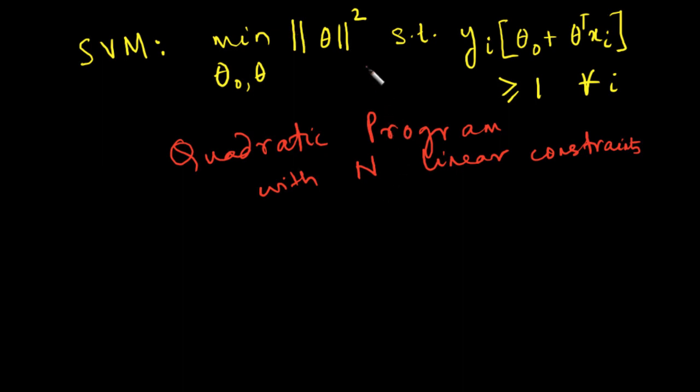Now in order to solve this problem, which is a constrained optimization problem, we use the method of Lagrange multipliers. So what we do is define a Lagrange function.